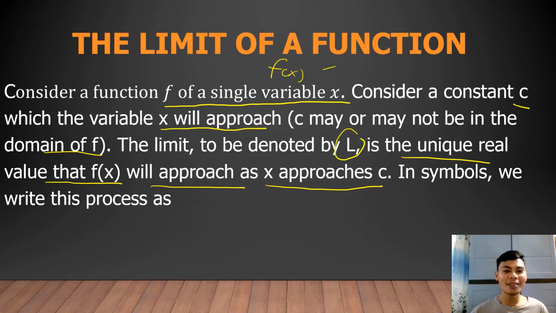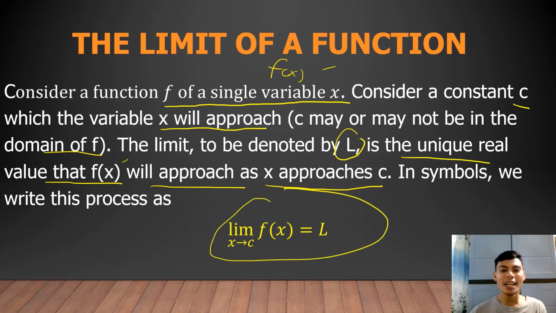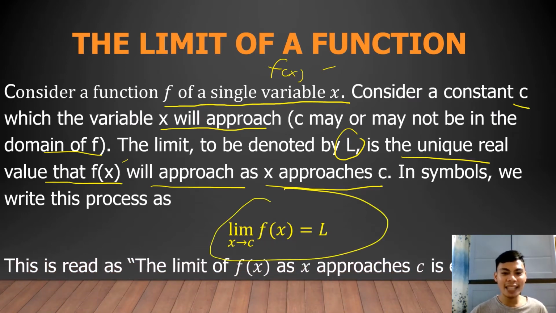Real value that f of x will approach as x approaches c. In symbols, this is it. So, sir, paano ito basahin, sir? Okay, so this is read as the limit of f of x as x approaches c is L, or equals L.